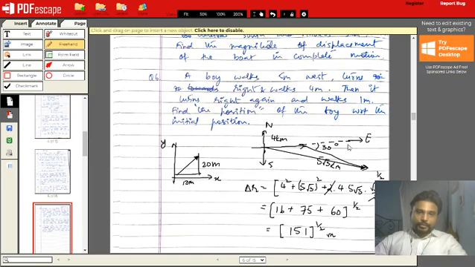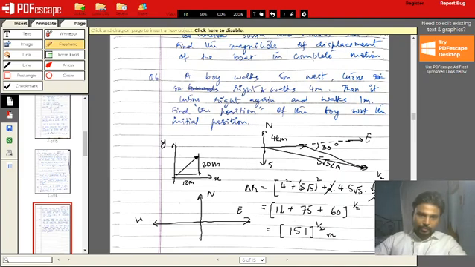So let us draw a figure. North, east, west, and south.